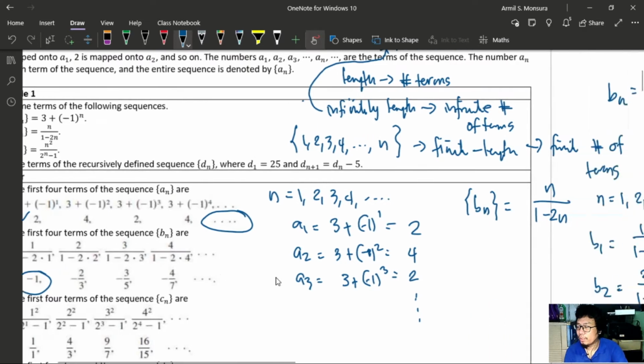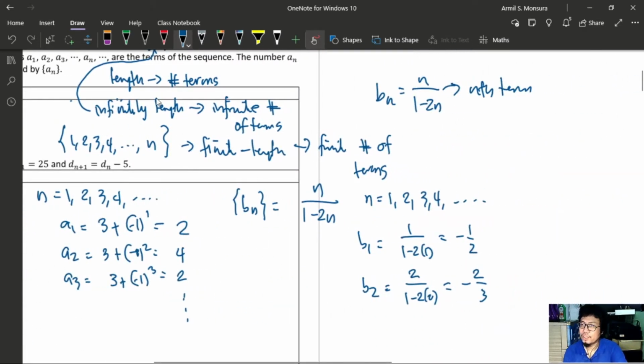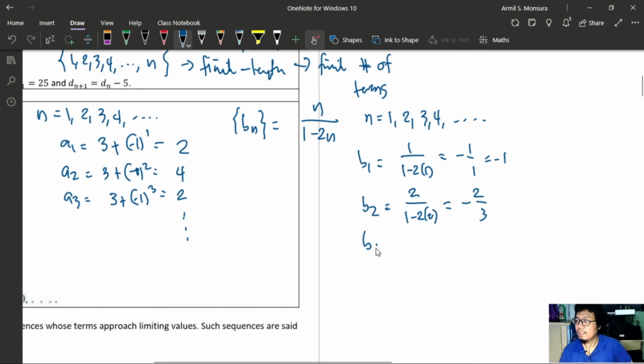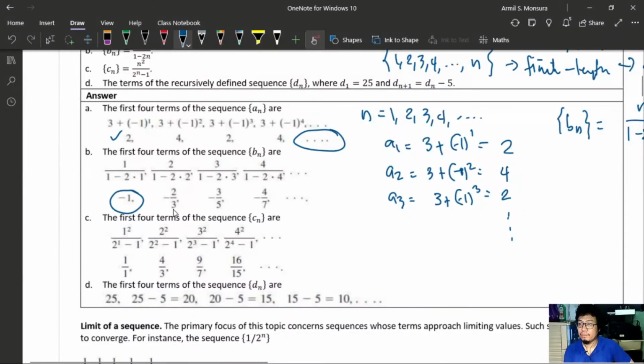Yeah, it's 1 minus 2, so this is negative 1. Let me correct that. So b3 equals 3 over 1 minus 2 times 3. This is 3 over 1 minus 6, which is negative 5. So that's negative 3/5, and so on. So we can list down the elements as negative 1, negative 2/3, negative 3/5, negative 4 over 7, and so on. So that's for letter B.